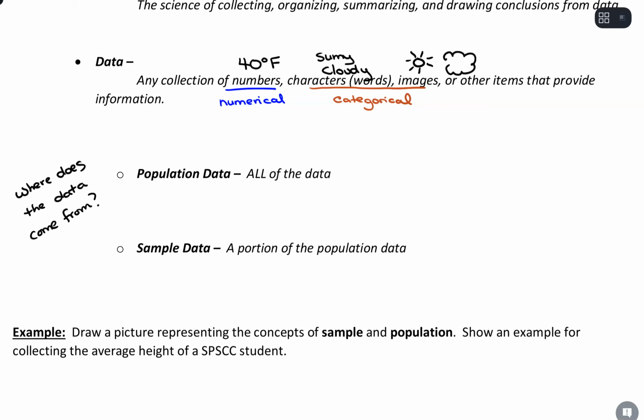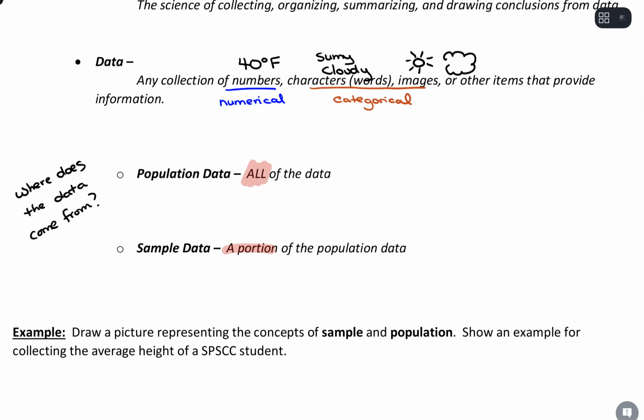If it's coming from population data, that means we have collected all of the data. Whatever we're interested in finding, we got all of it, and now we're analyzing it. Sample data is just a portion of this population. It's a smaller grouping, and it can represent the overall population, but it could have some error to it.